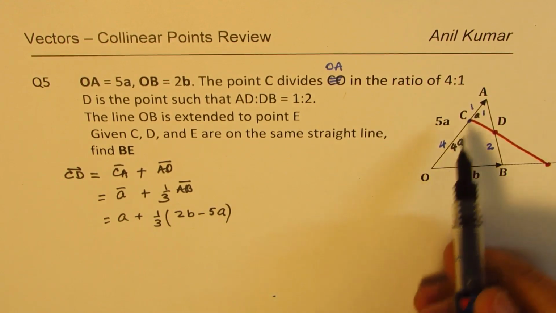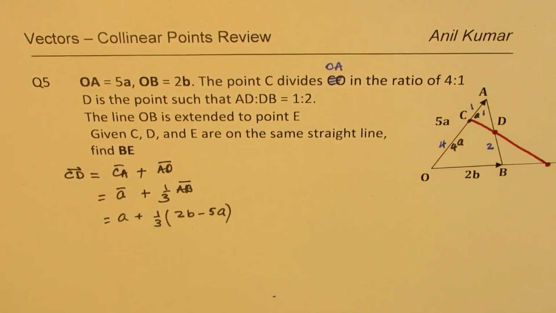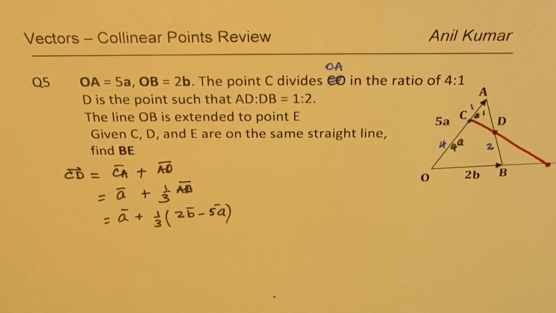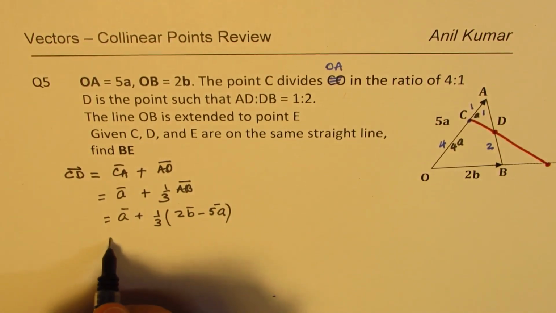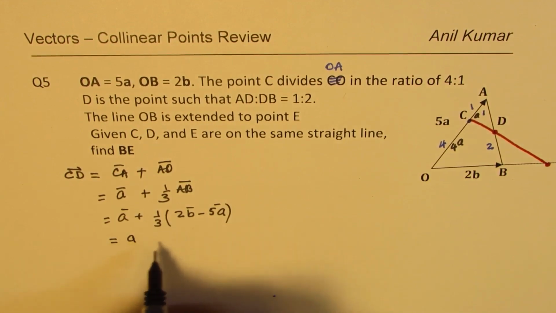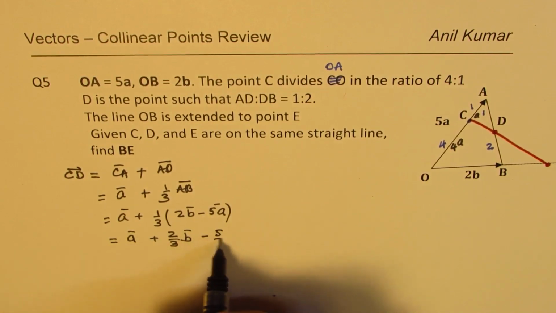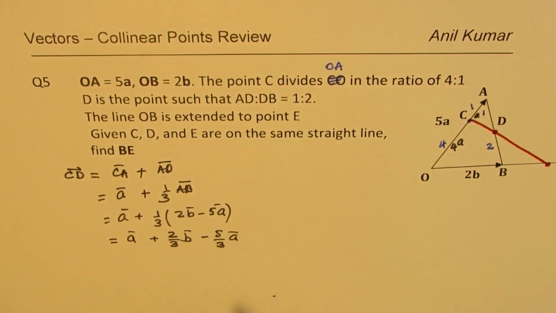I'm not writing OB minus OA. At this stage, you know all this. Okay, so we got it in terms of A and B, and that has been our first step always. Let's open this up now. So we get 2 over 3 B minus 5 over 3 A.